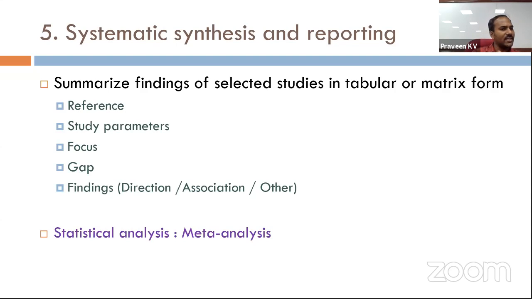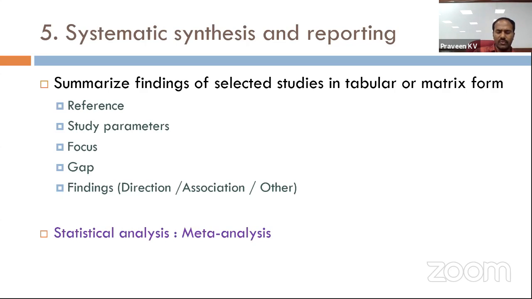We have extracted the information, and for example, location-wise, if we are doing India, we can arrange it agroecological category-wise. In this category, this many studies. For each study, what is the impact? Those kinds of things we can show.